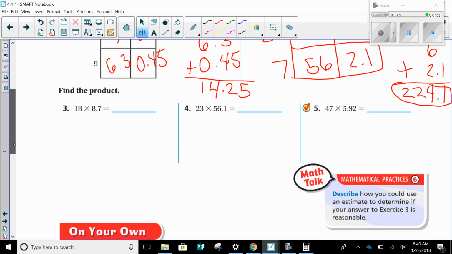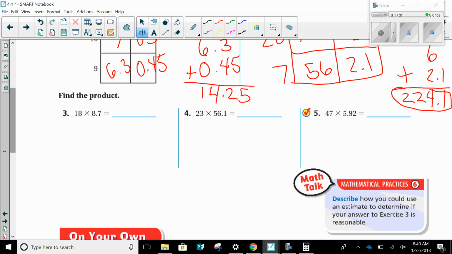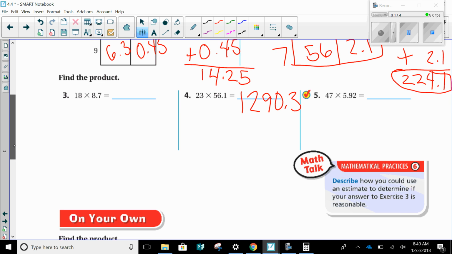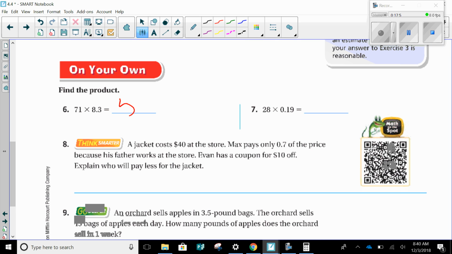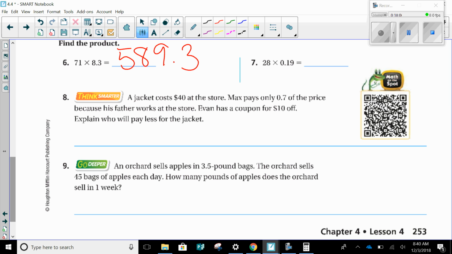Right. Then 4, I'm not going to do the work, so if you didn't get the answer, then I can go back over. You can come see me and we'll go over it and we can figure out where you missed a step. And then 6. Okay. And then 8.